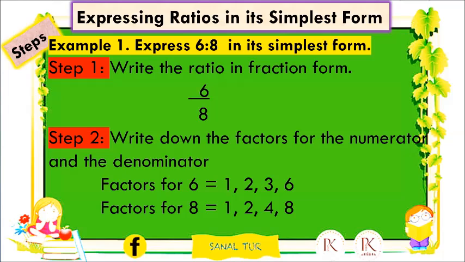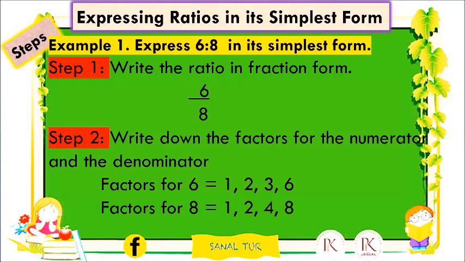Okay? Then, if you already have the common factors, you get now the greatest. When we say greatest, yung pinakamalaki sa kanila. Bakit hindi 6 ang kukunin ko? Mas malaki siya. Bakit hindi si 8? Kasi si 6, wala siya sa 8.